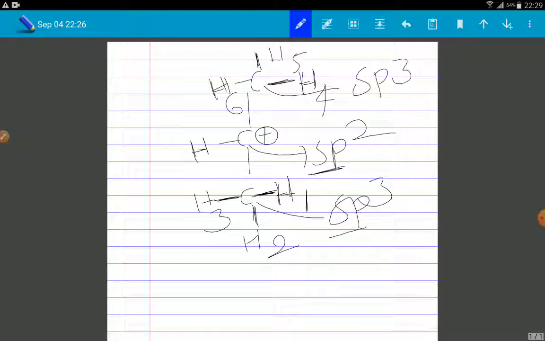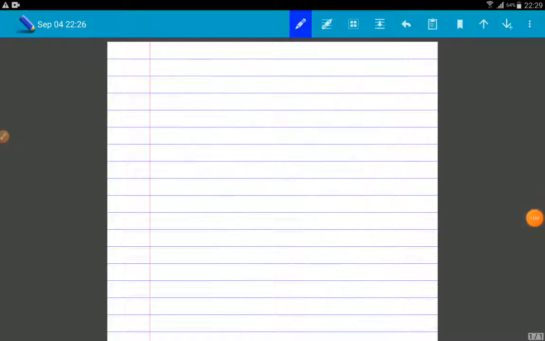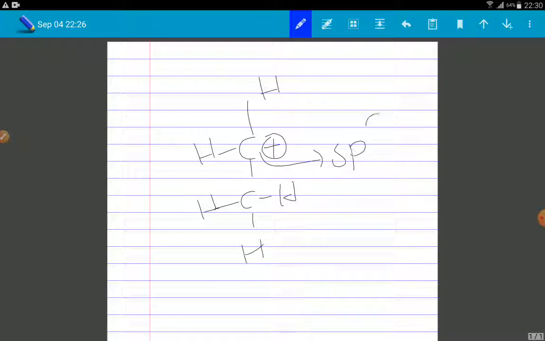So like that, if you go for the primary, primary means this carbocation is attached to only one methyl group, one carbon. The remaining we have hydrogen, hydrogen. Now this carbocation carbon is sp2. Now this one is sp3. How many CH bonds are possible here? This is 1 bond, this is 2nd bond, this is the 3rd bond.